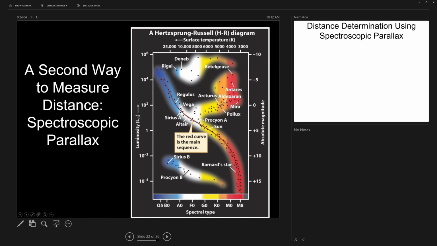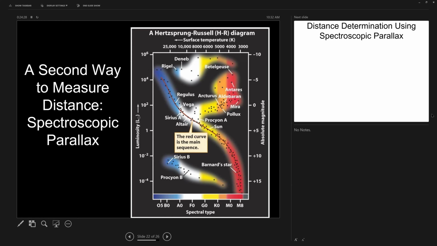Drop down from the 10,000 on this thing to the main sequence, and you can see where it'll be. If it's a main sequence star, you can determine its absolute magnitude by doing that. So if you know it's a main sequence star and you determine its temperature, you can determine its absolute magnitude.